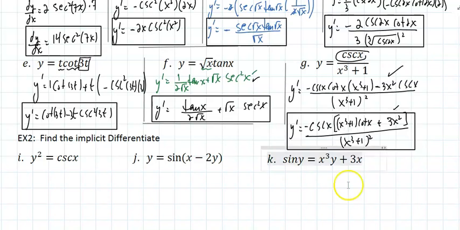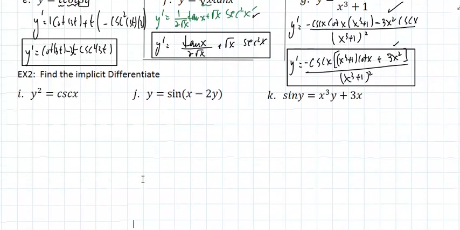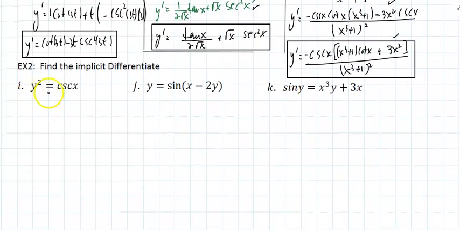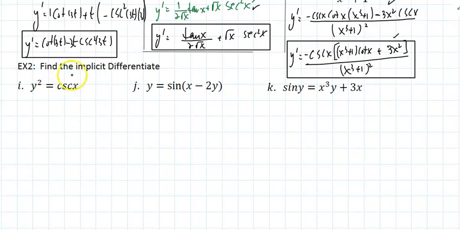And we're going to touch on implicit slightly. Now this is when you don't have y equal. Find the implicit, differentiate using implicit, however you want to read it. Well, derivative of a power function: bring the power down, subtract 1 from the power, times the derivative of y, which is dy dx.